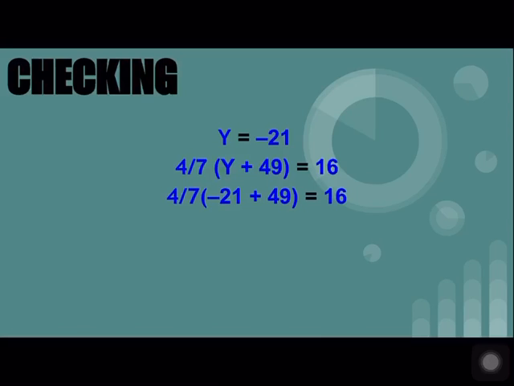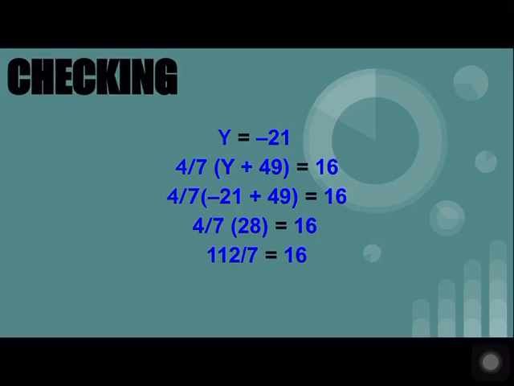So now we will have 4 over 7 times the quantity of negative 21 plus 49. Is it equal to 16? We do first what is inside the parentheses. So we have 4 over 7 and negative 21 plus 49 will give us 28. Is it all equal to 16?